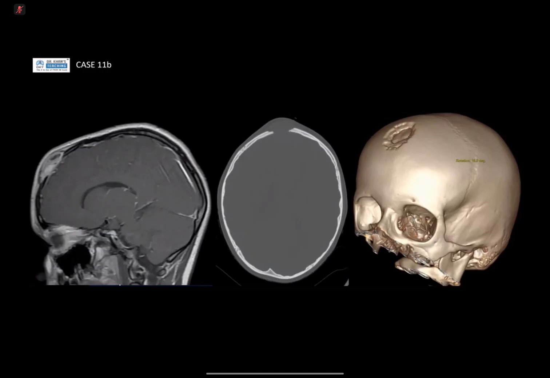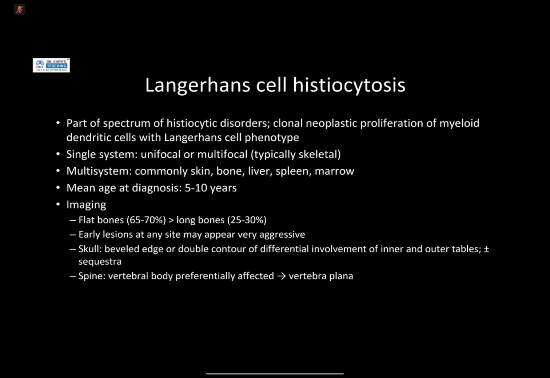This is eosinophilic granuloma. Lovely description, and I think those are quite tricky on the MR, to be given the MR to start with. It is part of the spectrum of histiocytic disorders.